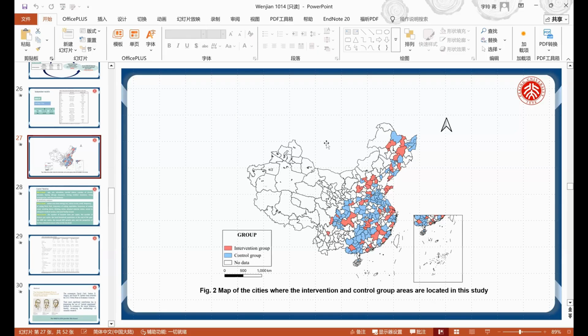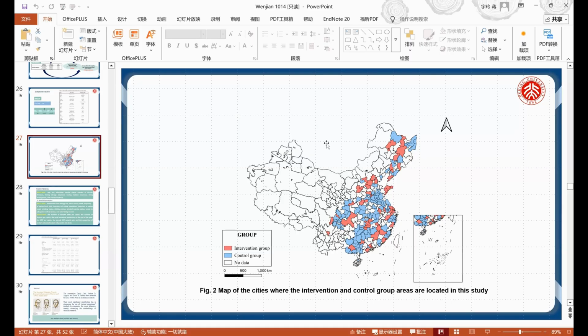Pilot cities were chosen based on their existing foundation for integration work, which included the developed status of medical facilities and senior care facilities, as well as their willingness to participate in experimental initiatives.